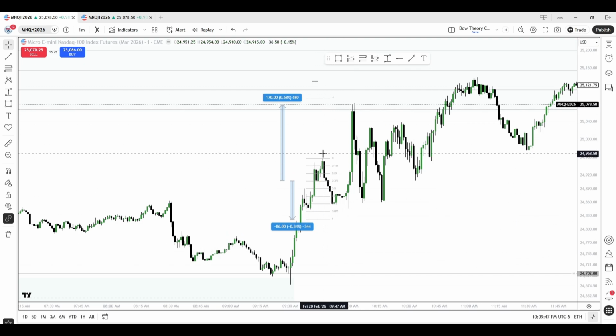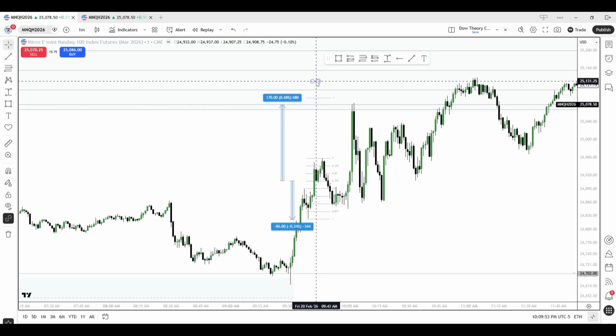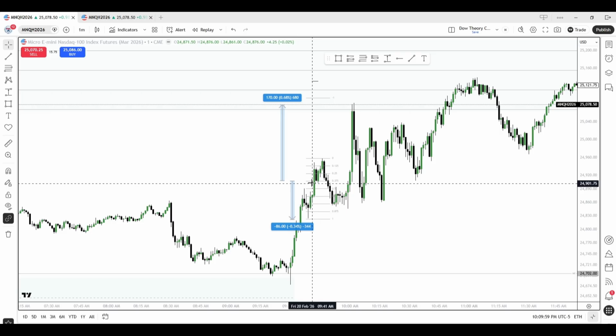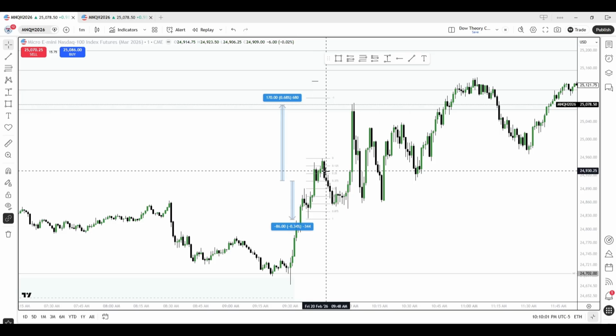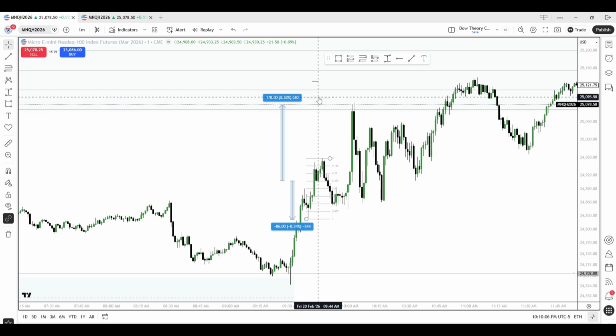So that's what you saw. You saw me frame the actual fractal for one standard deviation as a target. This up here was a 2-to-1 target, right? And then this right here is a 2-to-1 target worst case scenario. So I may have gotten in a little higher than expected, which forced my 2-to-1 to be way up here. Standard deviation is here, right?